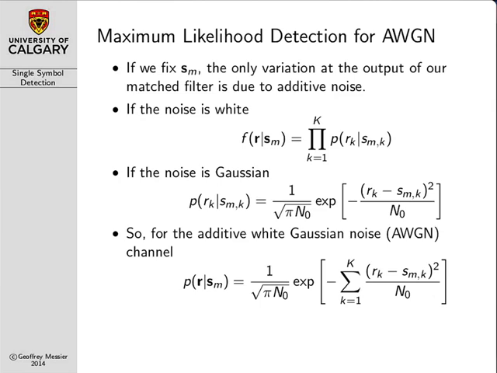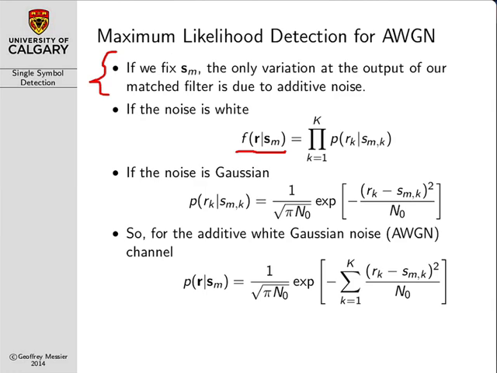Again, this first point, if we fix our transmitted signal vector Sm, the only variation at the output of our match filter is due to additive noise, right? Because we're transmitting the same signal vector over and over again. Now, our likelihood function is a vector PDF, right? So it's the distribution of all the samples in our received signal vector R, given that a particular signal vector was transmitted.